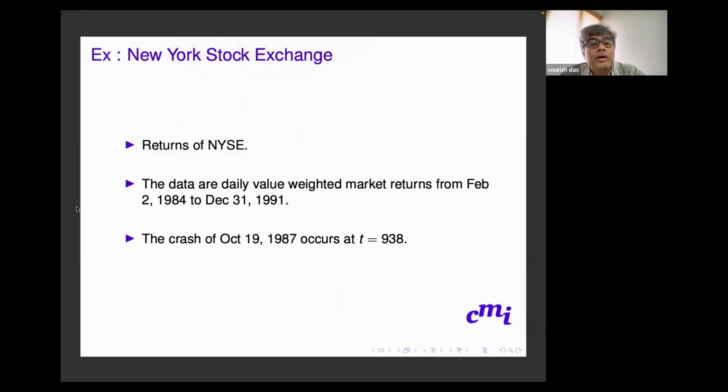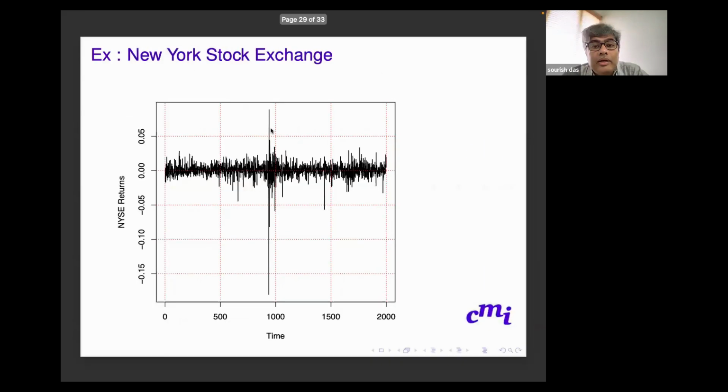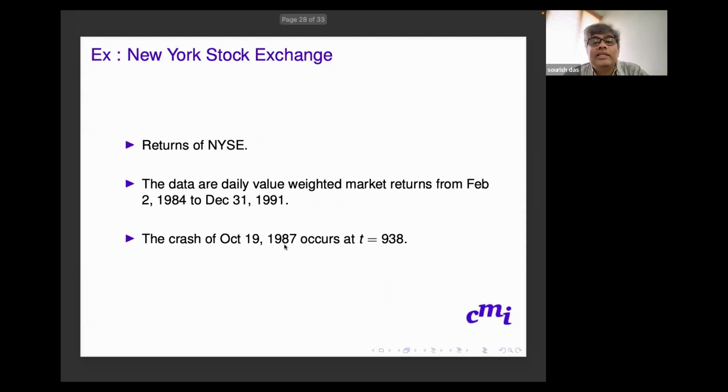Now, return of New York Stock Exchange data, value weighted market returns from February 84 to December 31. And this is the time when a crash happened, called the Black Friday crash, October 19, 1987.